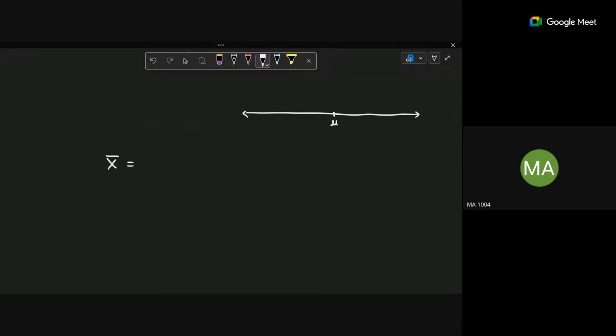Just tell me one thing. What do you mean by mean and sample mean here? In this particular question, we know that your mu value was 1 by 6 and the sample mean is X by 1000. What is the difference between this mu and this X bar?